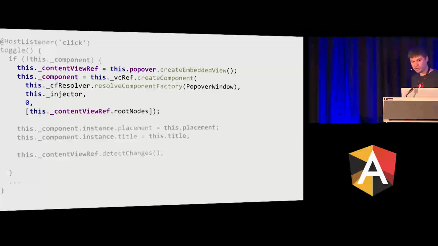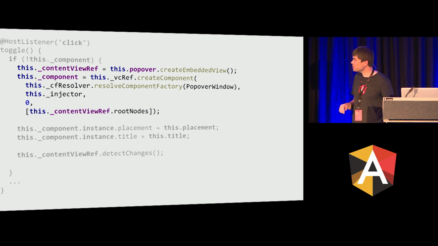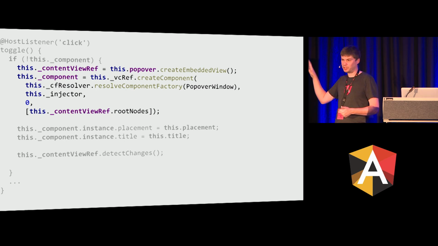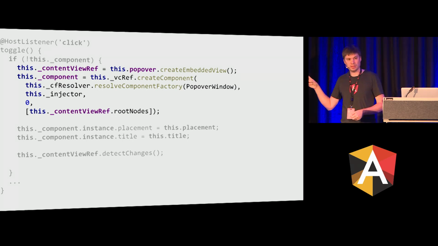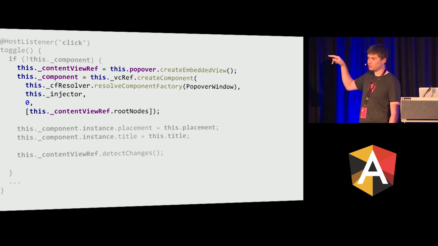It's quite a bit of code, but it's not that complex. First of all, we need to create a view from the content, from the TemplateRef, the same way as we implemented my if. This is exactly the same mechanism. I'm saying create me an embedded view for the content. Then I'm creating a component, almost the same way as this popover window component previously.